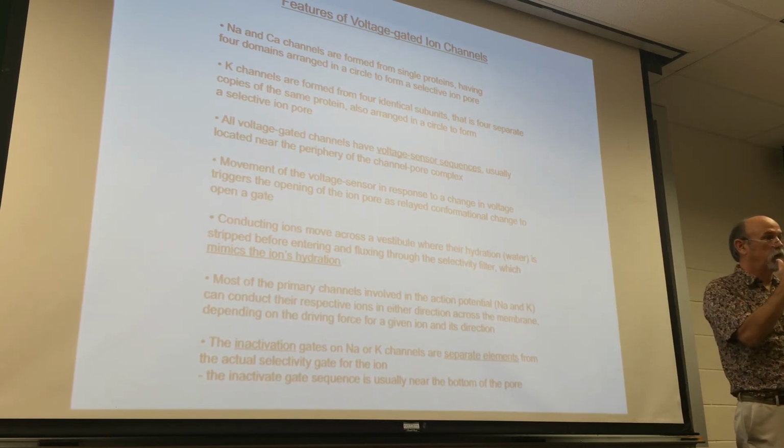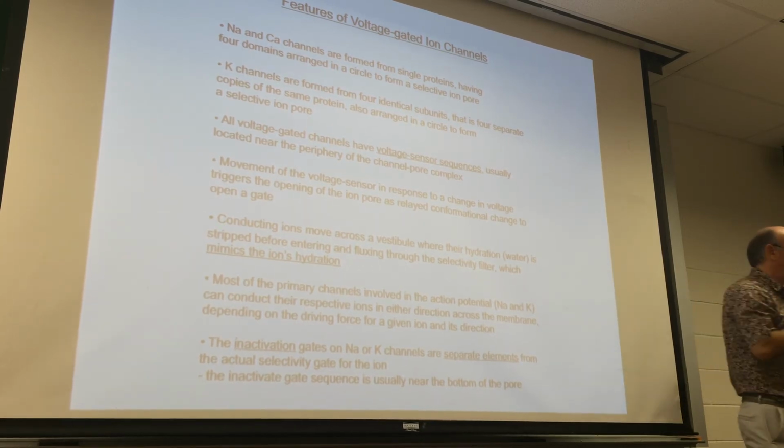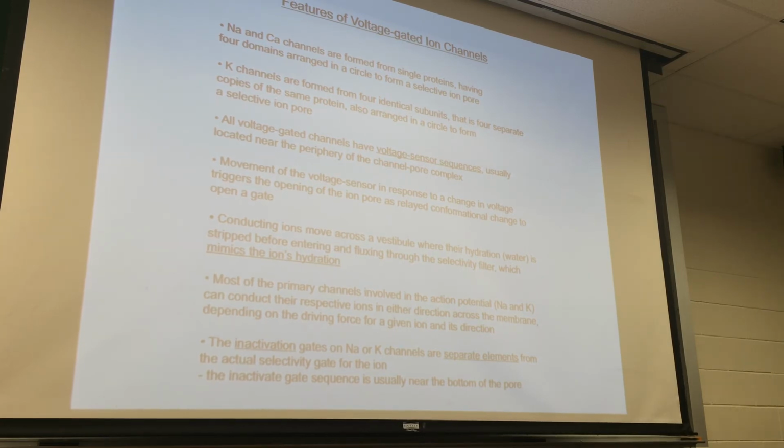When we figured it out, we said, oh my God, it's perfect. There was a physiologist who had predicted this beautifully, and he drew a cartoon with the arrangement of these interacting elements. It matched perfectly with the structure, and McKinnon was floored that this individual had figured that out.